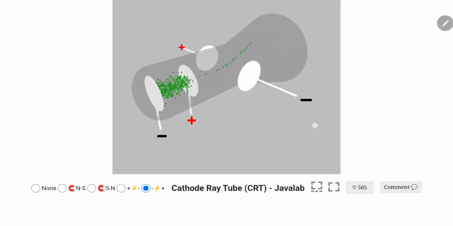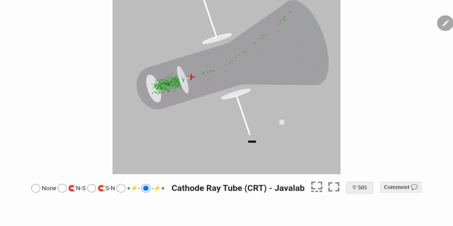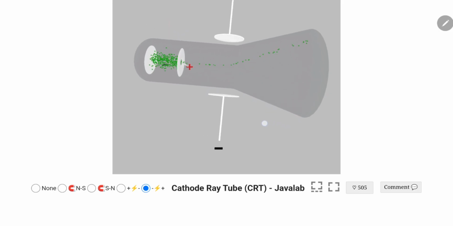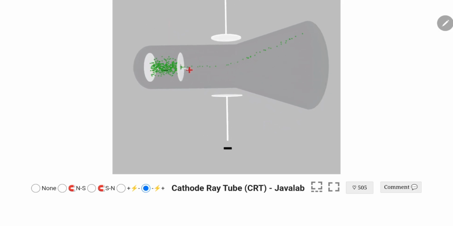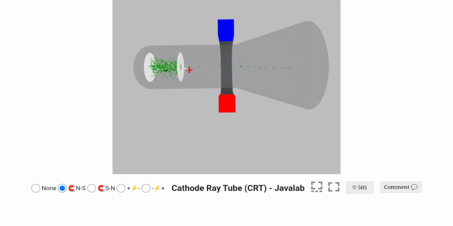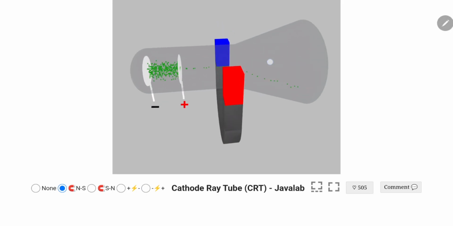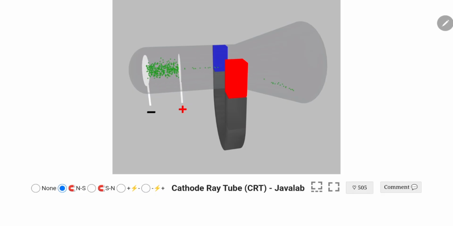You can take it like this also. See, it is attracted towards the positively charged plate. What happens when we apply a magnetic field? When the magnetic field is applied, you can see that they are a little bit attracted towards the south pole.